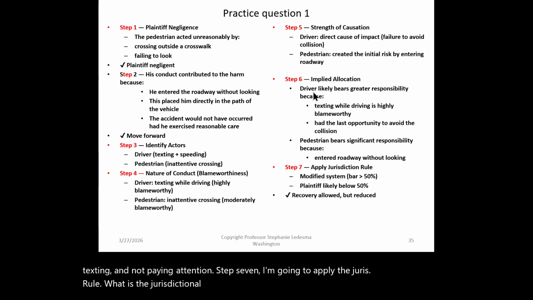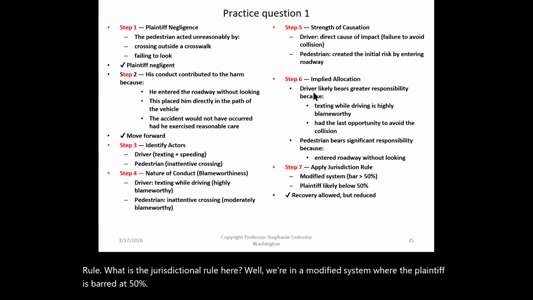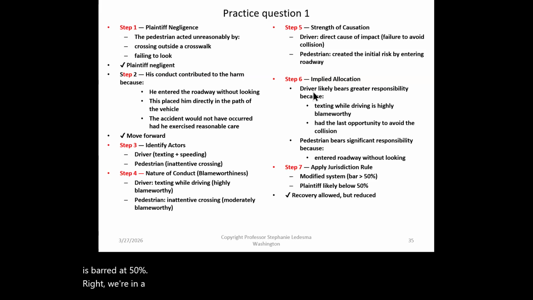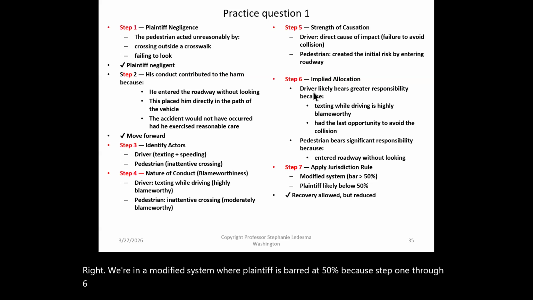Well, we're in a modified system where the plaintiff is barred at 50%, right? We're in a modified system where the plaintiff is barred at 50% because steps 1 through 6 tell us, in our evaluation, that the plaintiff is part of the problem that led to the injury.